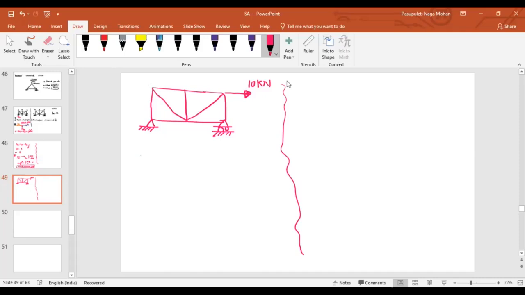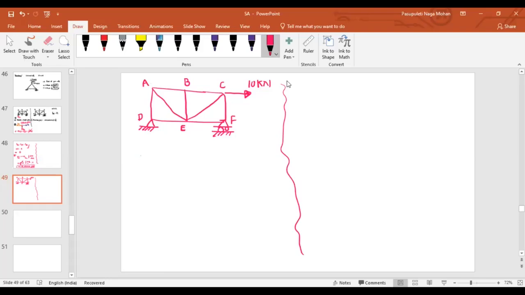Why? Because let us say if you want to consider the free body diagram at point A, can you tell me how many forces are existing at point A? Imagine, as of now, that we haven't found any support reactions.